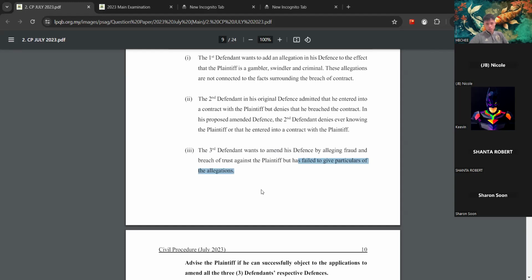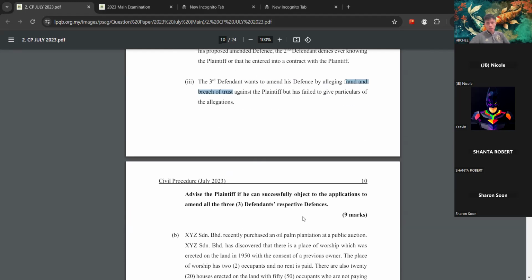But the main point is fraud and breach of trust are totally different matters. And I don't think it arises in the same transaction as well. So that was my answer last year when I was attempting this paper. Is that okay?